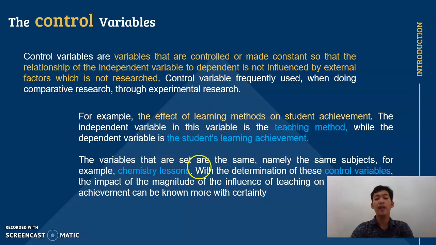So we give an example of the chemistry lesson. So the control variable is used to make our variable more constant, and also the magnitude of the influence of teaching on the student learning achievement can be known more with certainty.